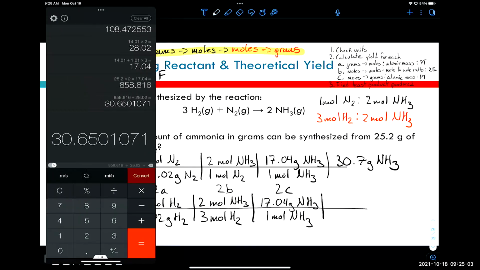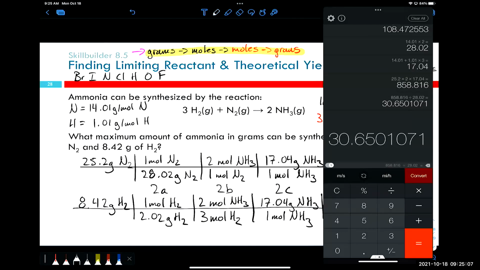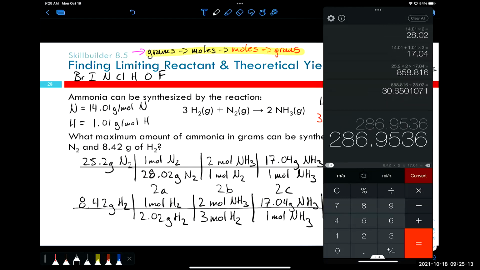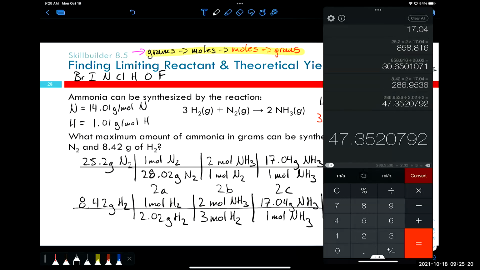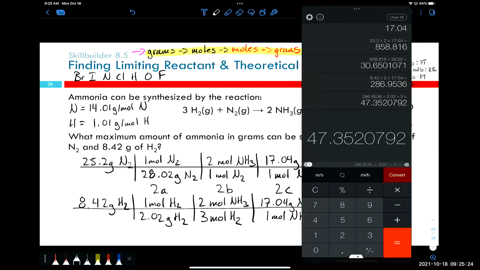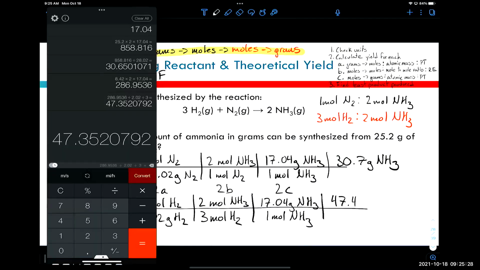So we have 8.42 times 2 times 17.04. Give us that. And we'll divide by 2.02. We'll also divide by 3. Give us 47.4 grams of NH3.